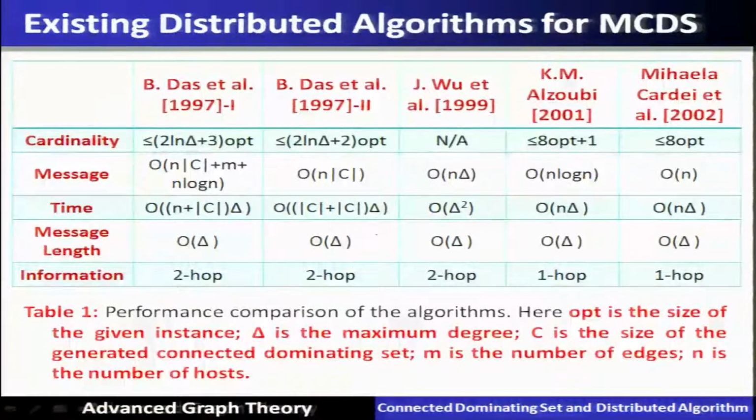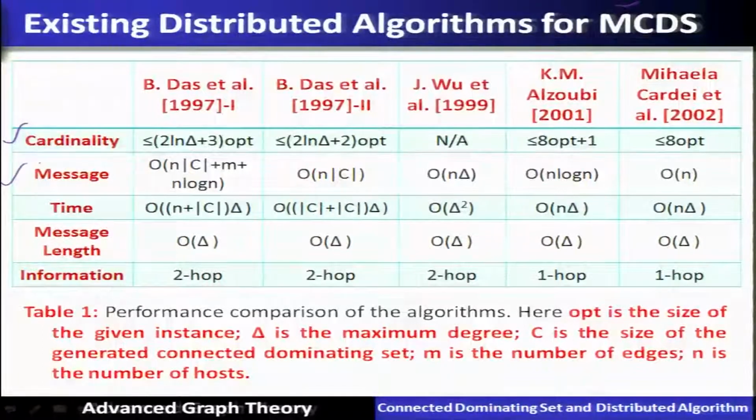So we will see the existing algorithms which construct the minimum size connected dominating sets, compared on different parameters such as the cardinality, that is the size of the connected dominating set, meaning how many nodes are involved.